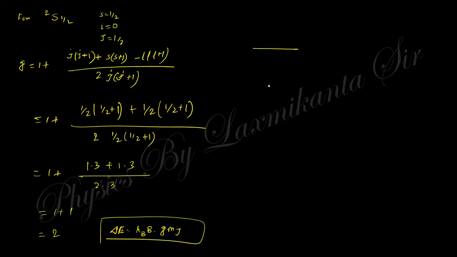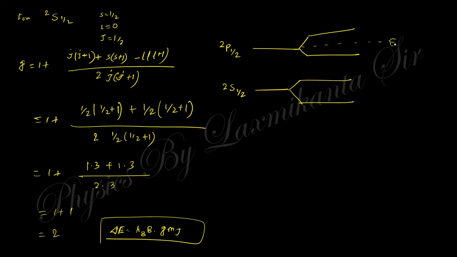That means this is 2P1/2, and this is 2S1/2. So this splits up into two components, similarly this splits up into two components. This is the value of E2, and this is the energy value of E1.